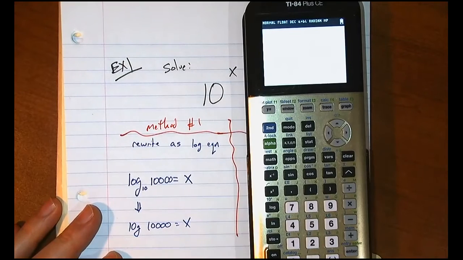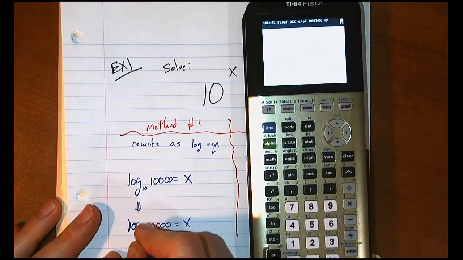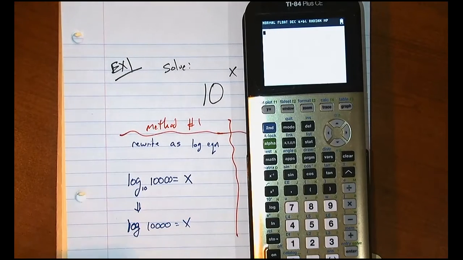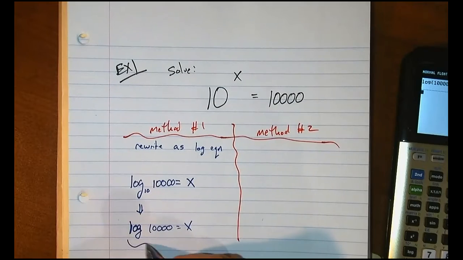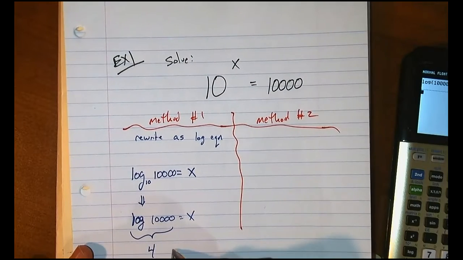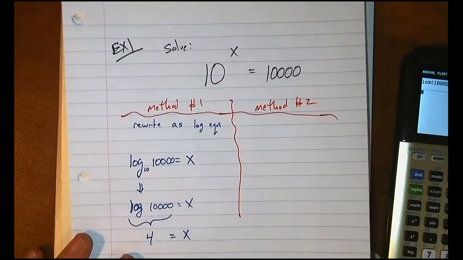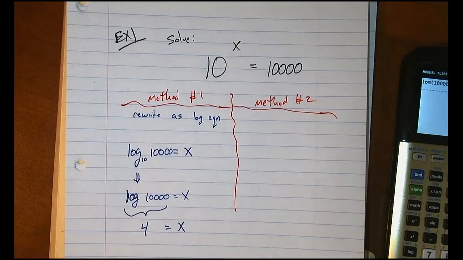That's the same equation. If you write the base or if you don't write the base, it means the same thing. So now I can just type that in my calculator: log of 1 with 4 zeros after it equals 4. So that tells me that, according to my calculator, this is equal to 4. And so there's my solution to the problem, x equals 4.